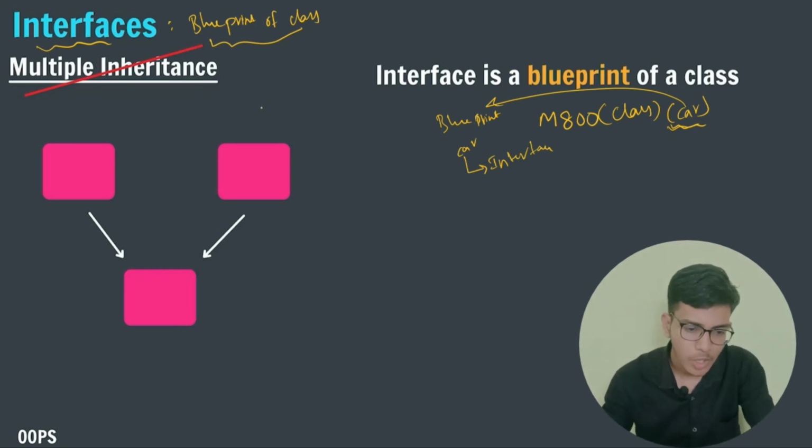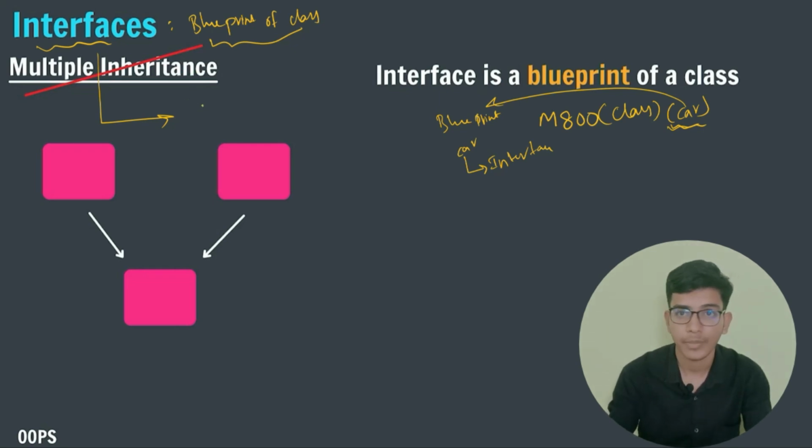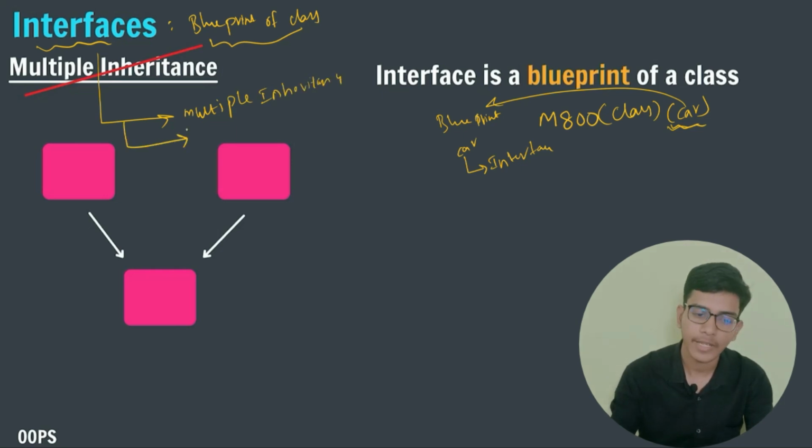There are some interesting properties of interfaces which we use in many OOPS questions. For interfaces there are two major properties: using interfaces we can achieve multiple inheritance, and we can have 100% abstraction.